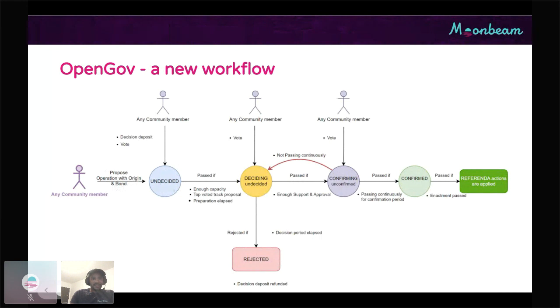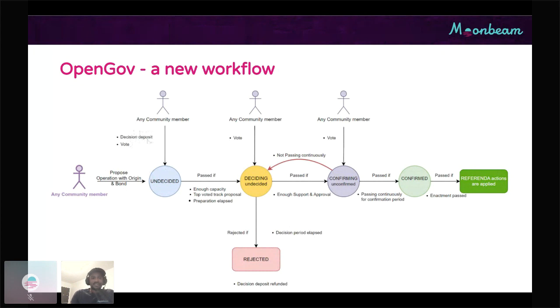During this period, any community member can vote on this proposal or put a decision deposit. Multiple people can put a decision deposit, but this is an amount that is required for a proposal to continue to the next step, and this amount will be slashed in case the proposal is harmful.